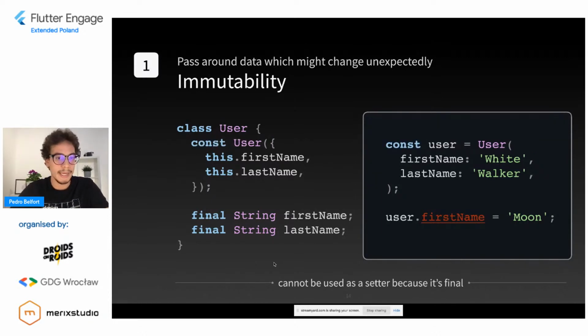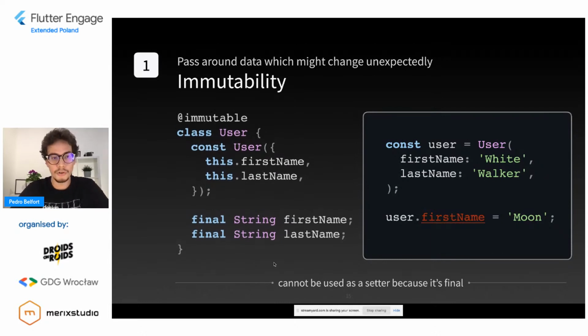If I go one step ahead, I can also make this user constant. And if I declare another user who is constant and has the same first name and last name, I get value equality. If I go further, I can also annotate it with the immutable decorator.